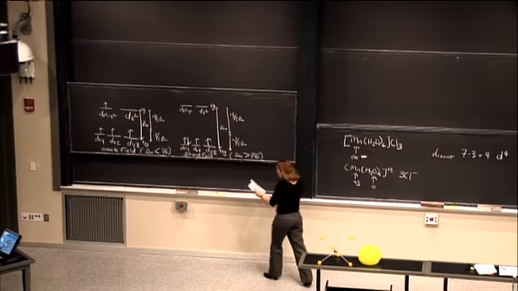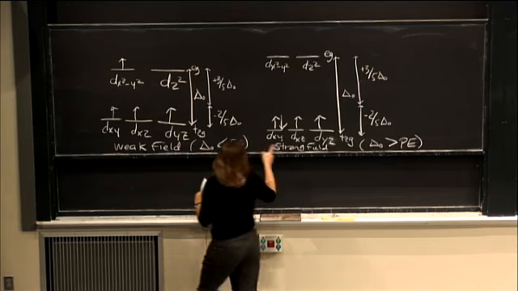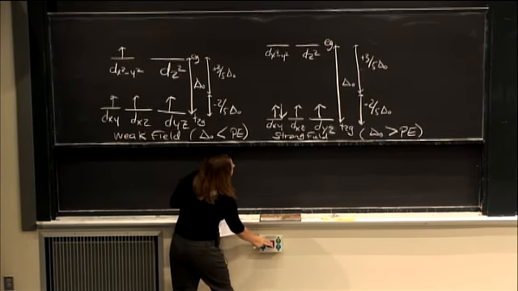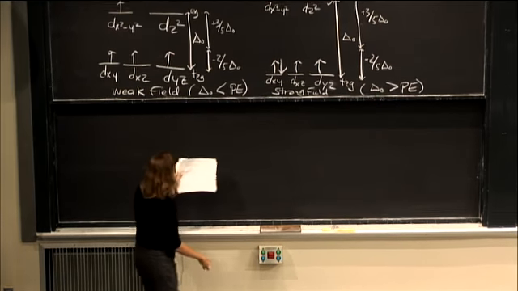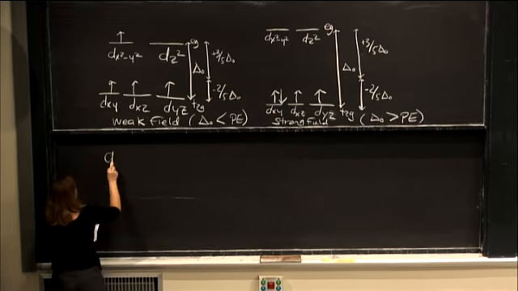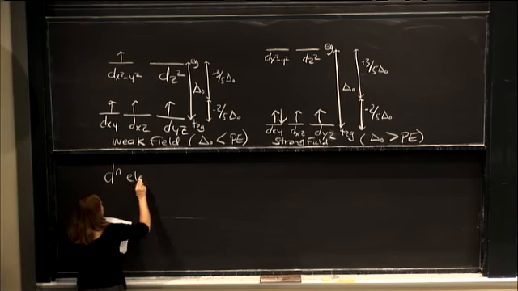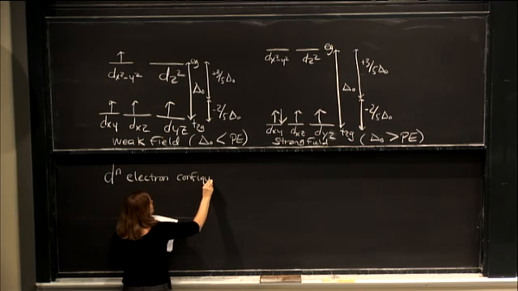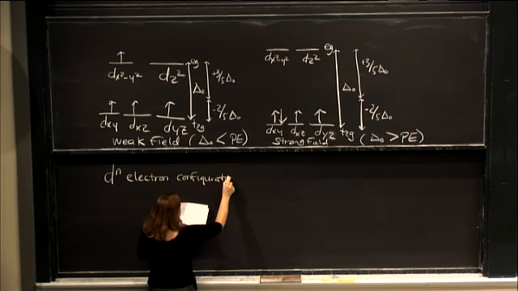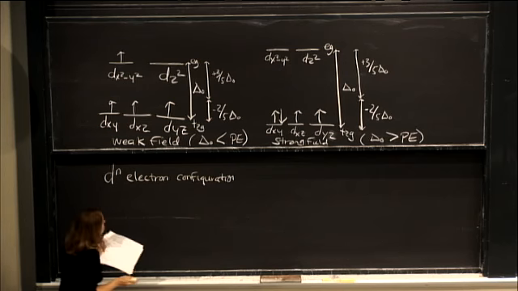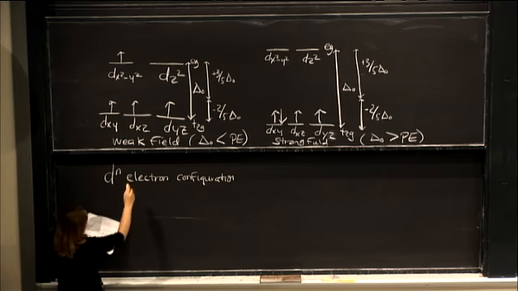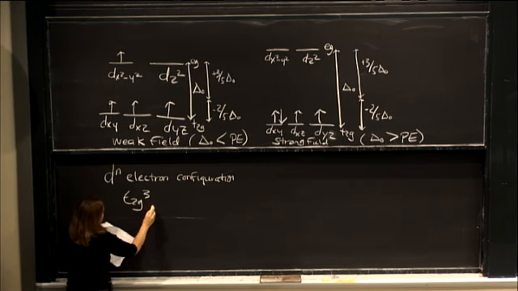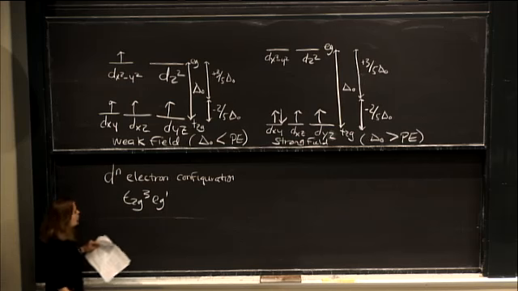So now we can write the different d^n electron configurations for these 2. So in this case, for our d^n electron configuration, we have 3 in the t2g set, and in the eg set, we have 1.